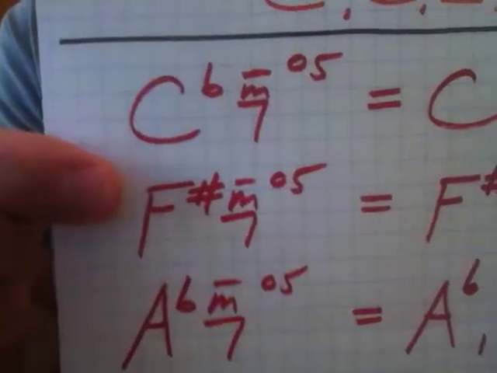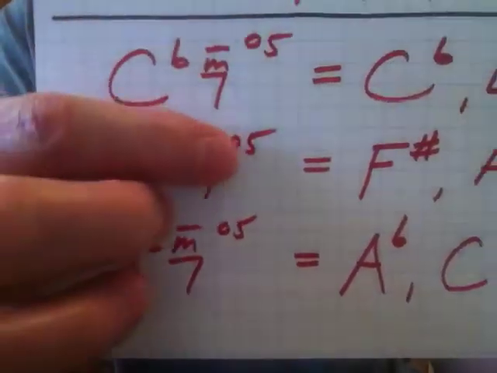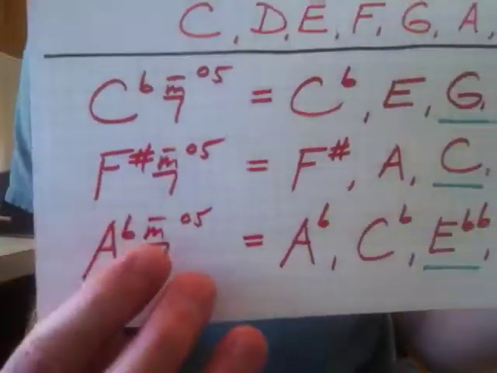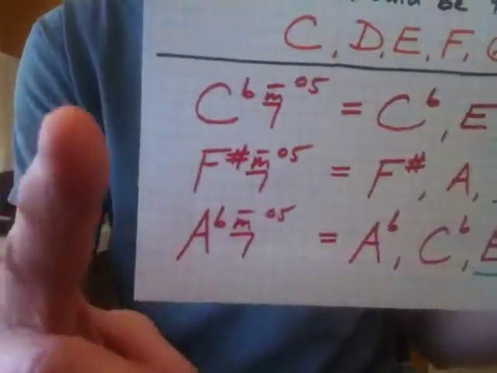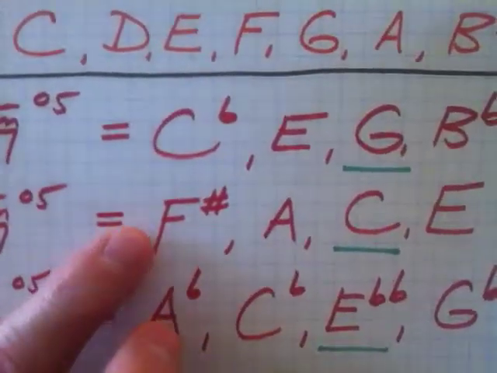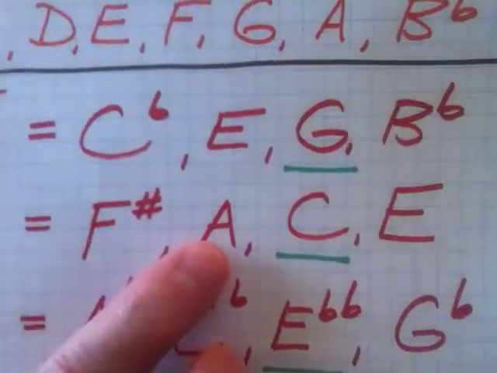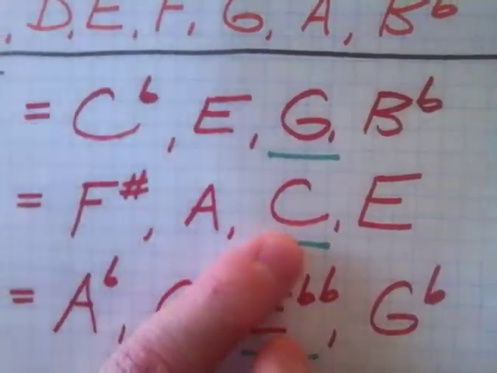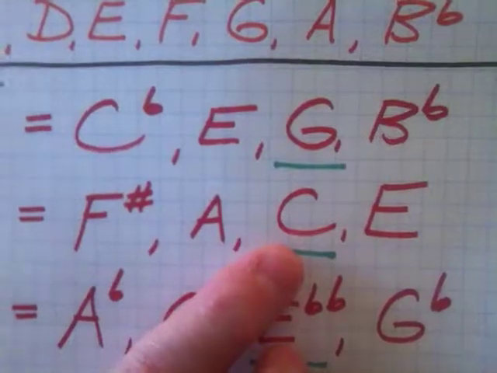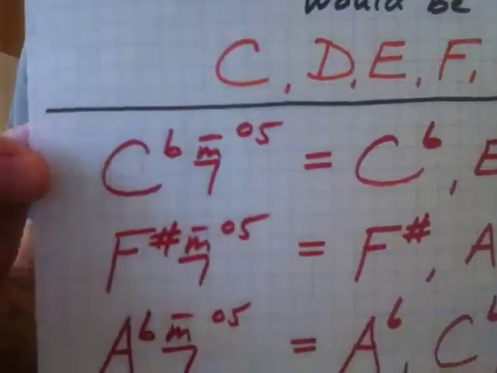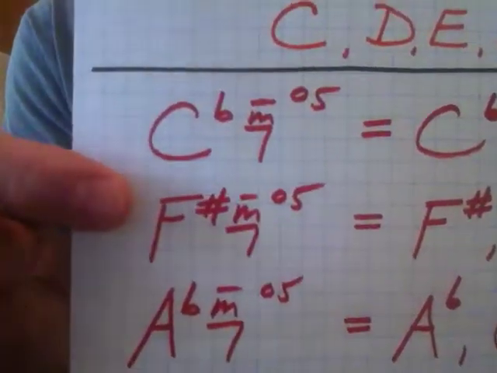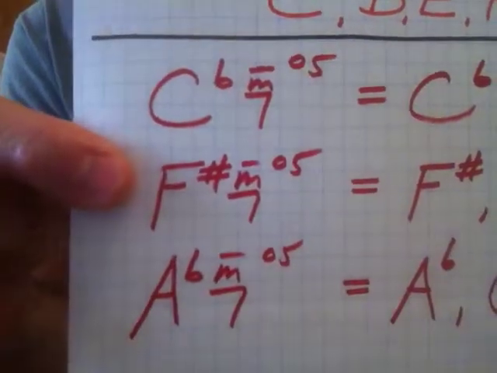With F sharp minor 7 with the diminished fifth, you would not have a flat 5 because you would have F sharp, your root, A, C natural, not C flat, E. So in that key, that flat 5 terminology will not work.